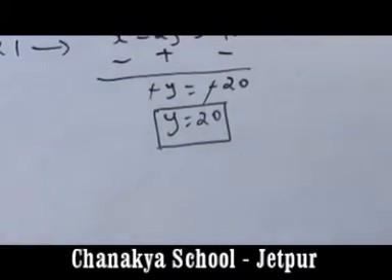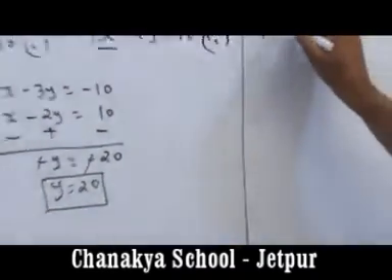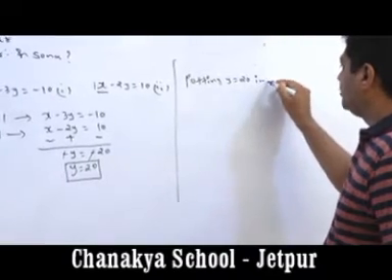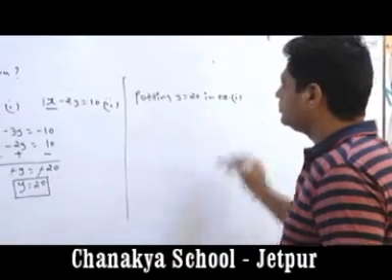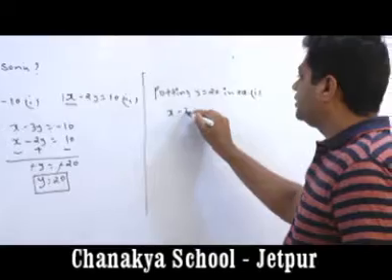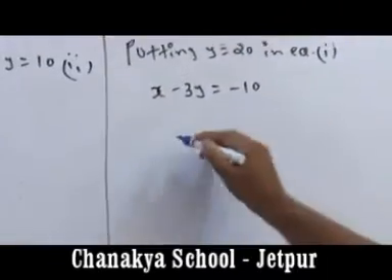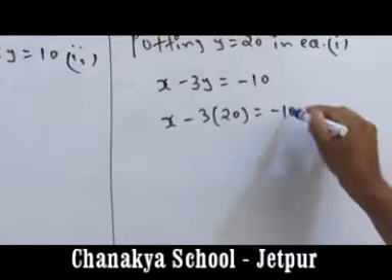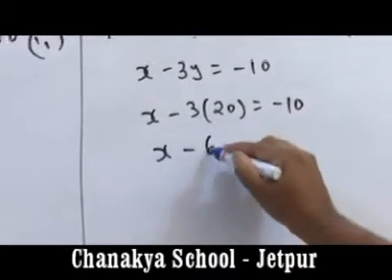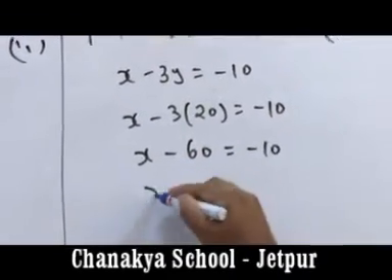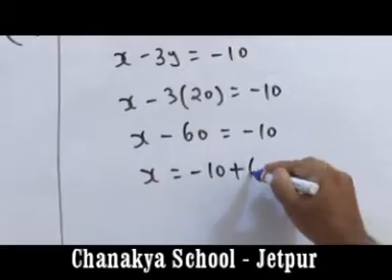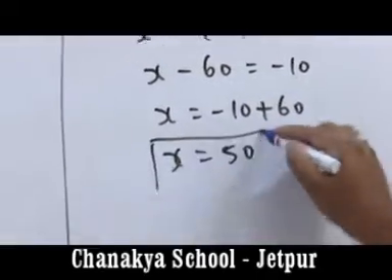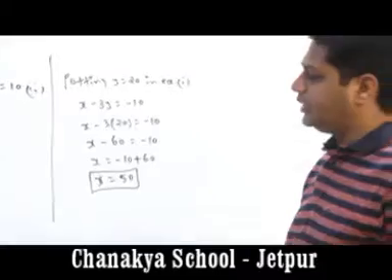Okay students, putting y equal to 20 in equation number 1, x minus 3y equal to minus 10, x minus 3 bracket 20 equal to minus 10, x minus 60 equal to minus 10, x equal to minus 10 plus 60. x equal to 50. Value of x is 50, value of y is 20.